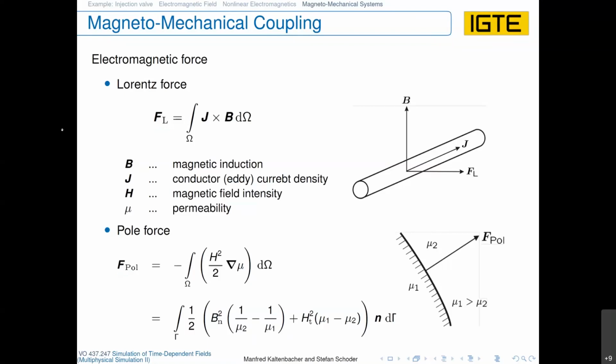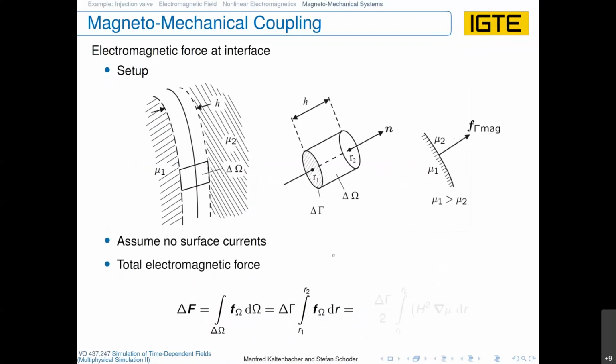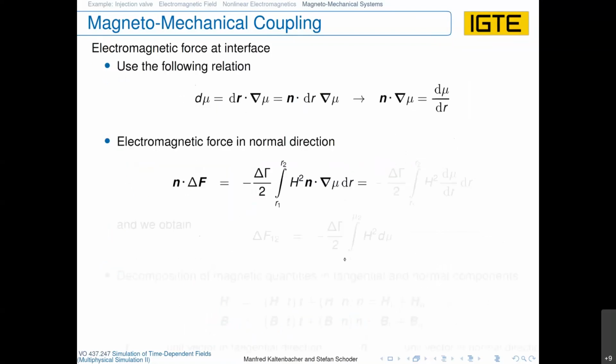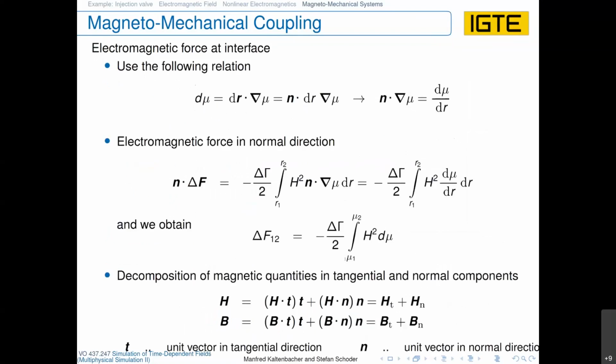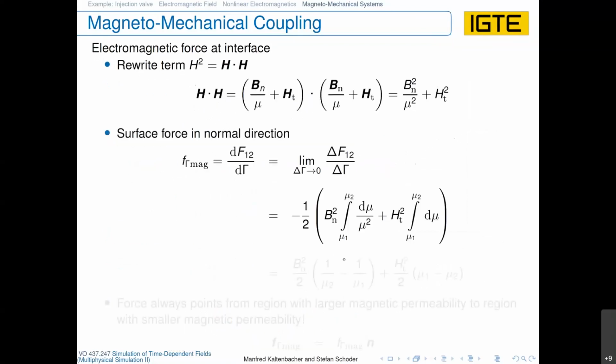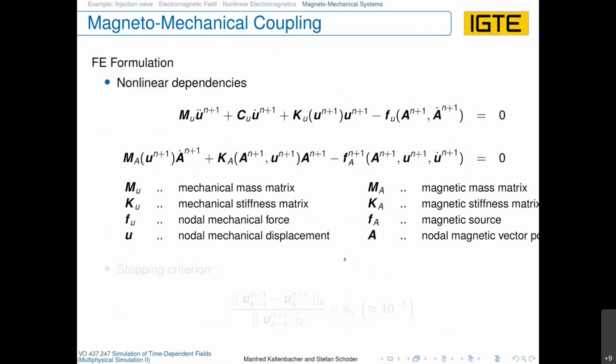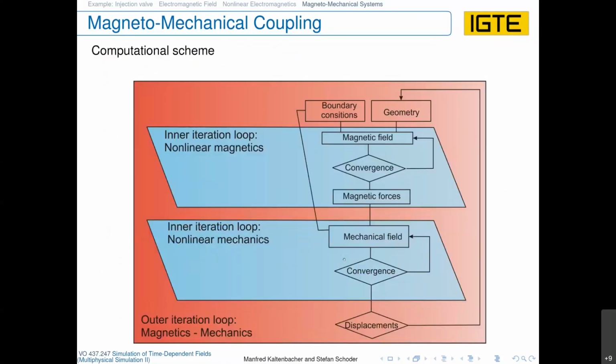Okay, so this is more or less now the end of our first part in the course, which considers the coupling between the mechanical and the magnetic field. And you see it can be very complex, especially when you consider the motivation example of the magnetic valve, which even has a contact problem to be taken into account.